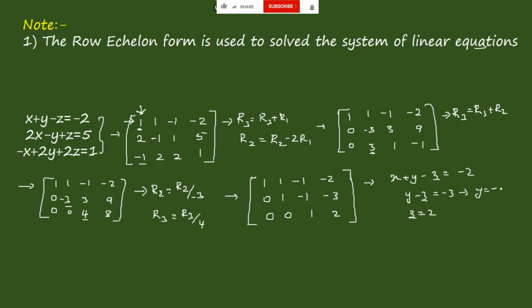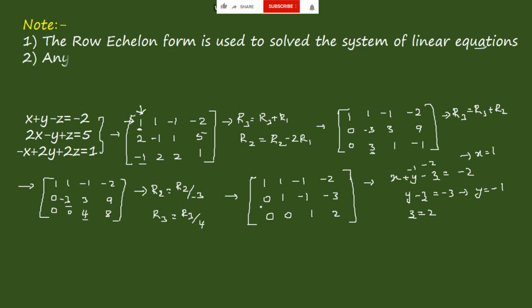It becomes minus 1. We got the z and y values, then we get the x value, right? y is minus 1, z is 2, minus 2, right? So we get the x value equal to 1. This is the method to solve linear equations.